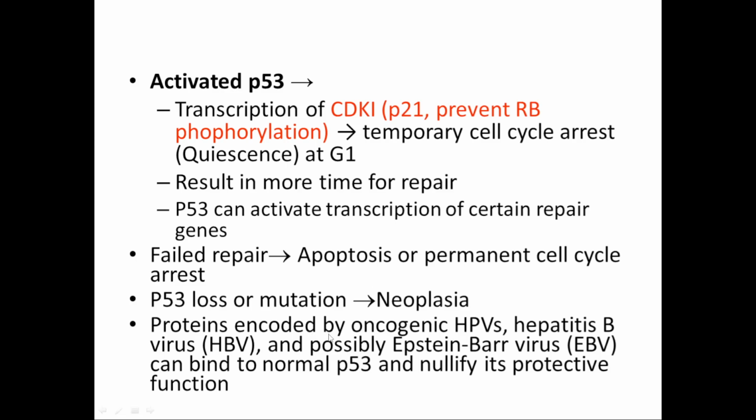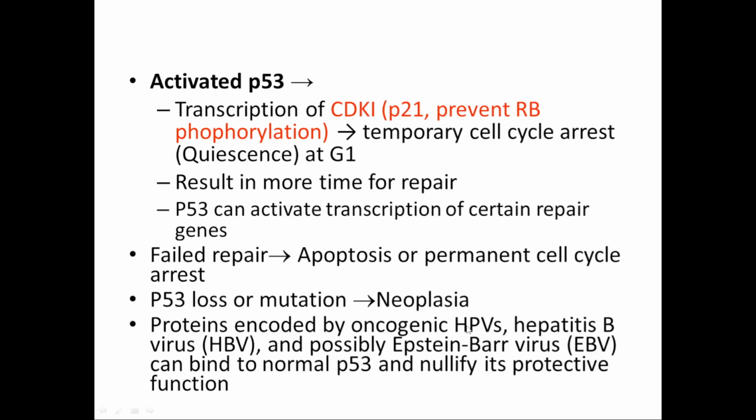Proteins encoded by oncogenic human papillomavirus, hepatitis B, and possibly EBV can bind to normal P53 and nullify its protective function. See these? Shortly we will talk about the neoplastic agents, the viruses and bacteria that cause neoplasia. Among them are human papillomaviruses.